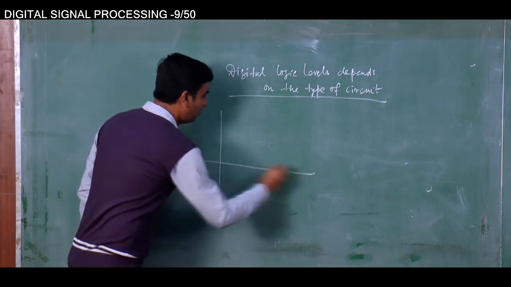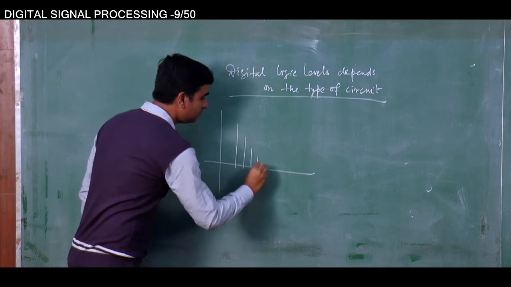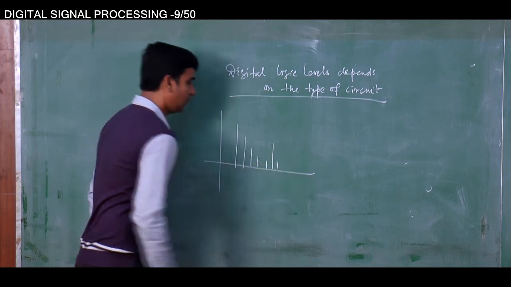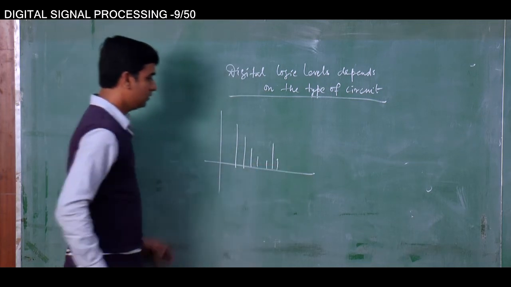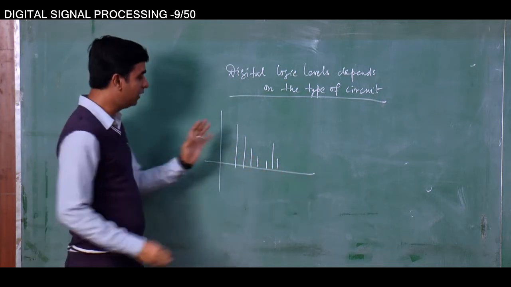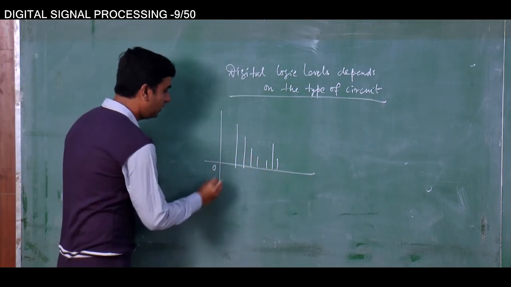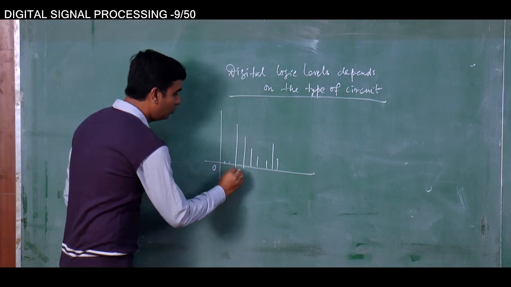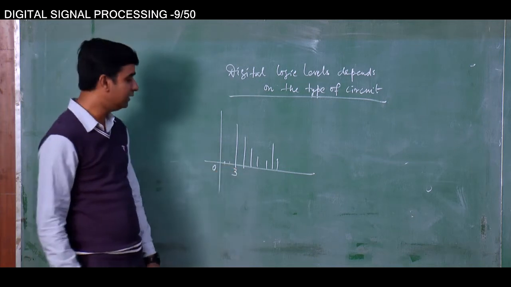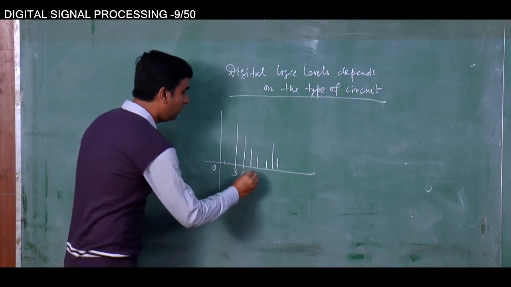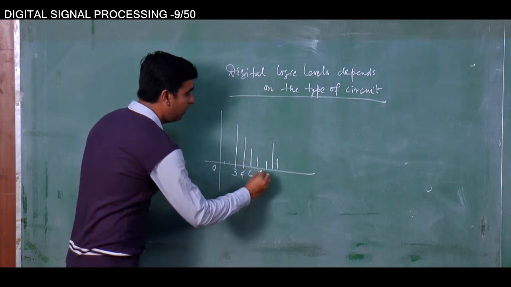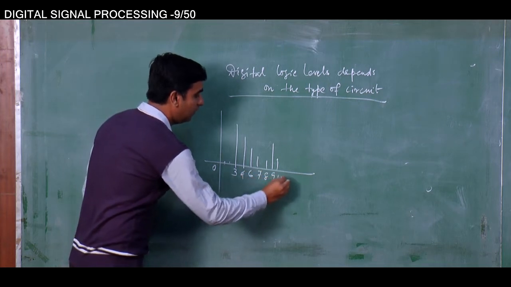Suppose we have a signal like this. This is a discrete time, discrete value signal. Suppose this is 0th instant, 1, 2, at 3rd instant there is a value, at 4th there is a value, maybe at 6th there is a value, 7th, 8th, 9th, 10th.